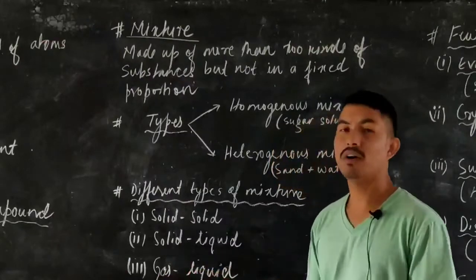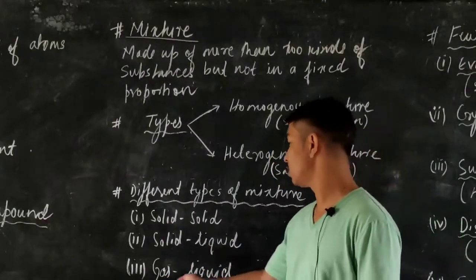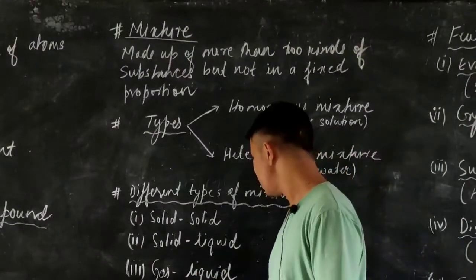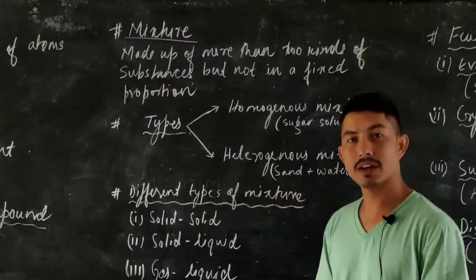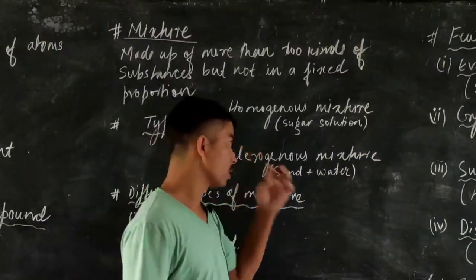Gas and liquid: all the cold drinks or aerated drinks are mixtures of gas as well as liquid. And we also have liquid and liquid mixtures. For example, milk and water is an example of a liquid and liquid mixture.